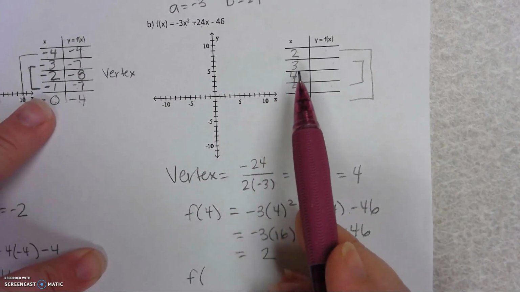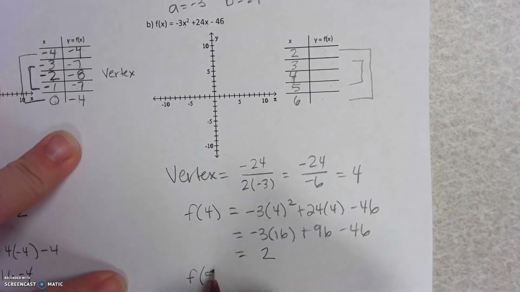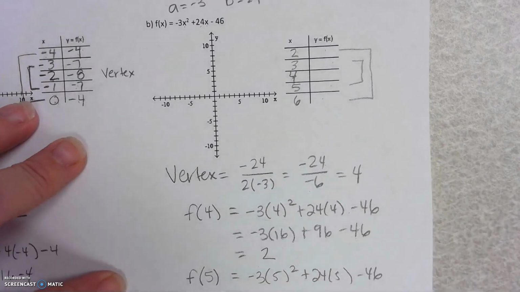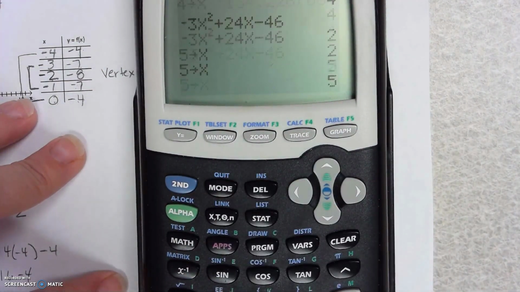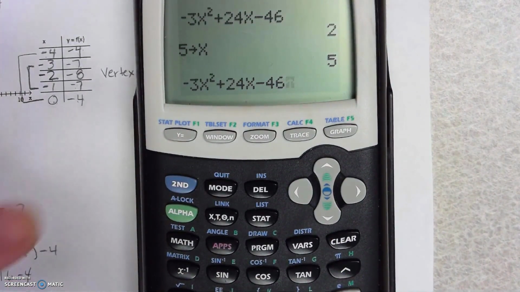Next I can either plug in 3 or I can plug in 5. I'm going to go ahead and plug in 5. So I'll have negative 3 times 5 squared plus 24 times 5 minus 46. Using my calculator, I'm going to store 5 in x. Using second enter, I'm going to recall my function.